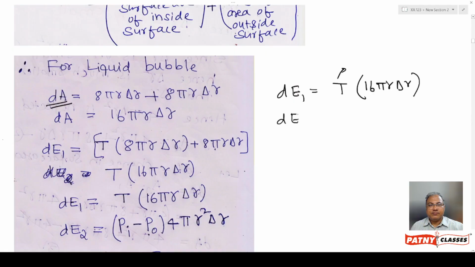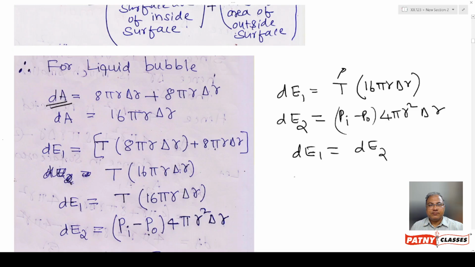Now we can also calculate the stored energy by using force into displacement, force into the increase in thickness of the film. So dE2 is nothing but Pi minus P naught multiplied by 4 pi r square delta r. Both energies are calculated by using different formulae, but the results are equal. Therefore dE1 equals dE2.